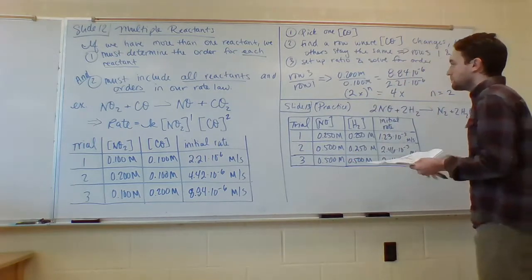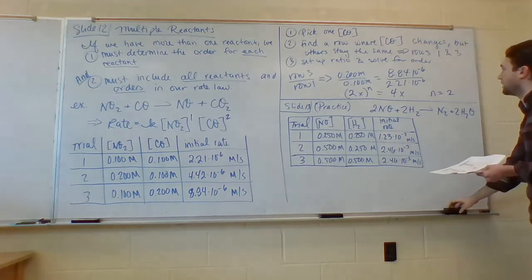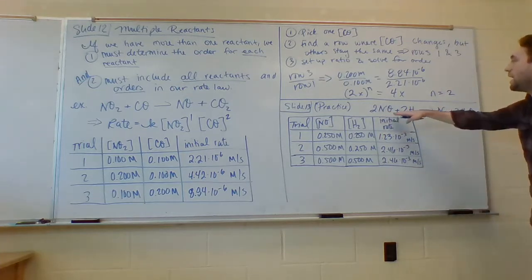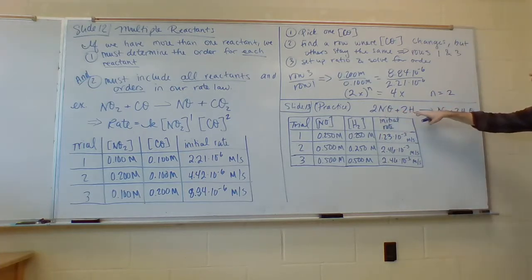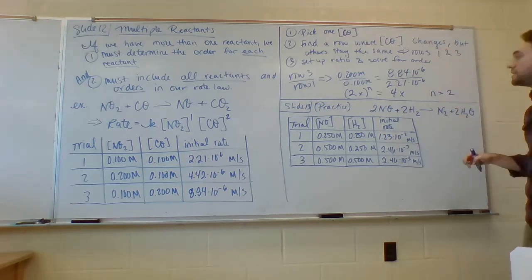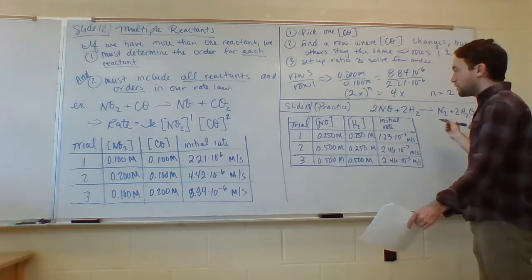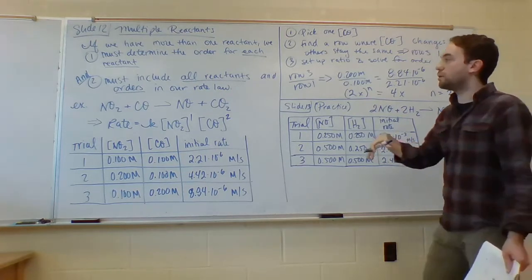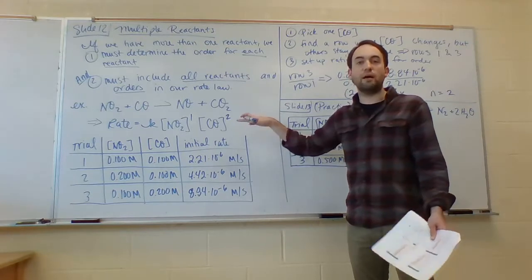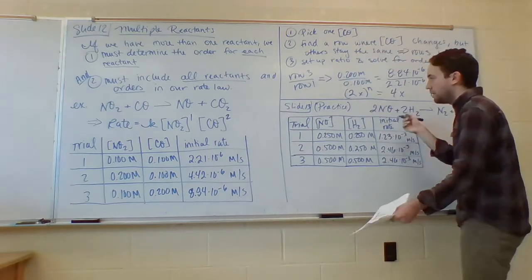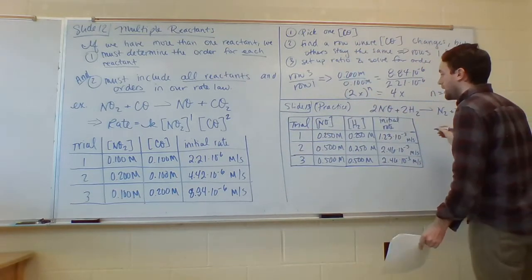All right, so let's do some more practice with this. Let's say that we have this reaction where we have 2NO plus 2H2 goes to N2 plus 2H2O. Following these steps, let's first write down what our overall rate law would be in terms of n and m and l and q and whatever other letters you may need.